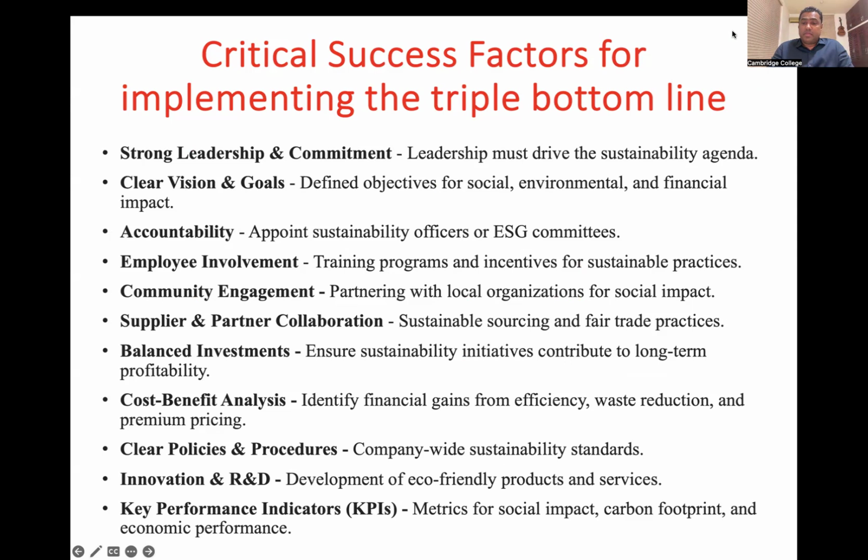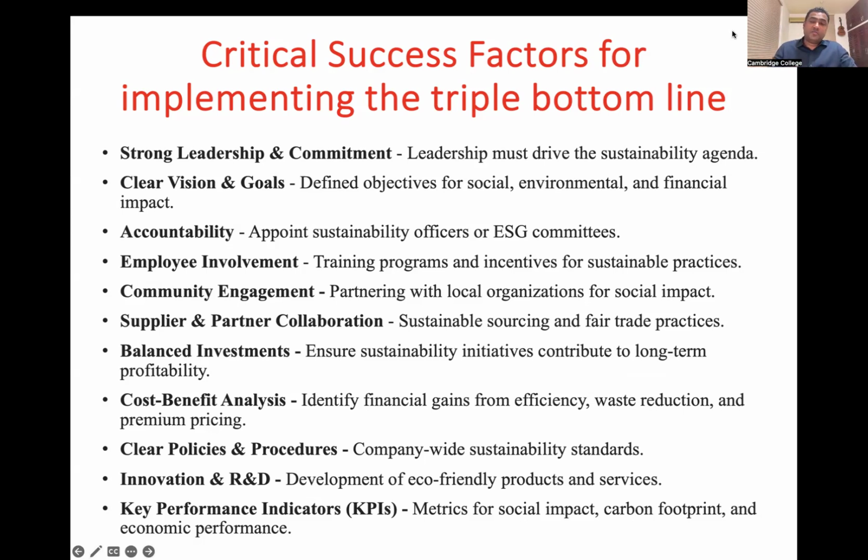Supplier partner collaboration, sustainable sourcing and fair trade practices, balanced investments, ensuring sustainability initiatives contribute to long-term profitability. So the integration that we spoke of before.